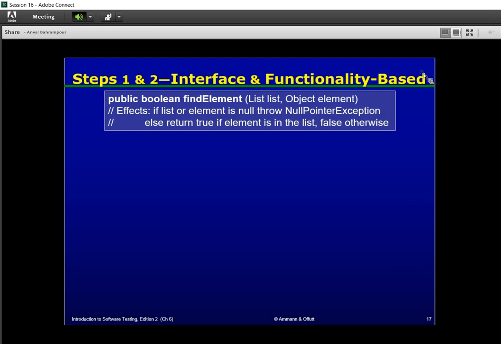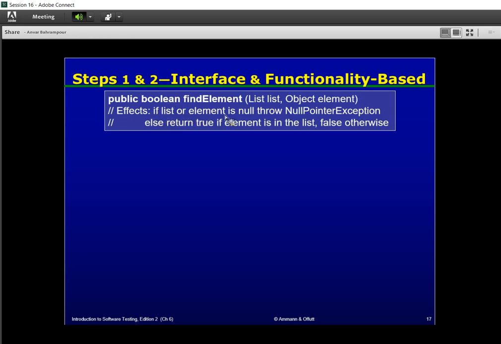As another example, please note this simple method which tries to find an element in a list. We search for an object in a list, and this method returns a Boolean value.